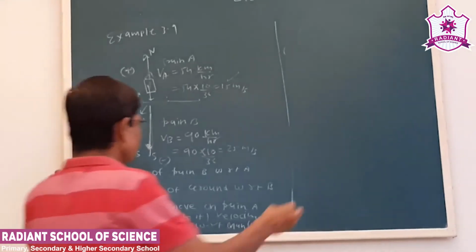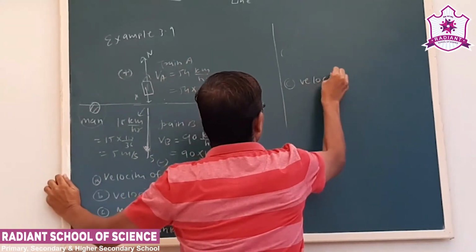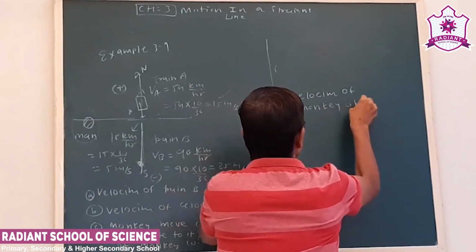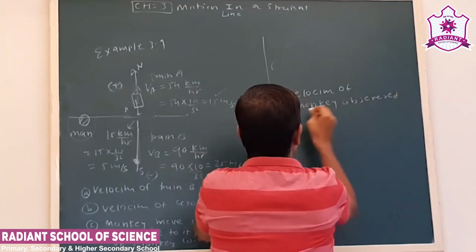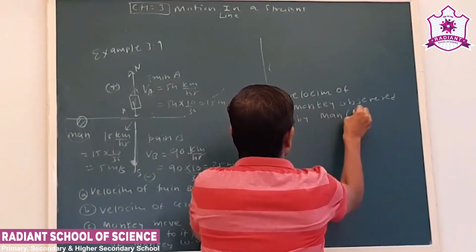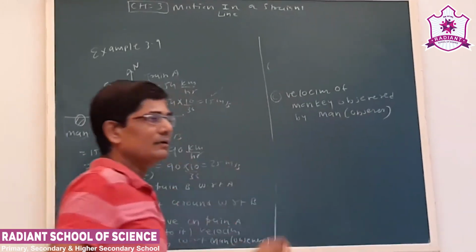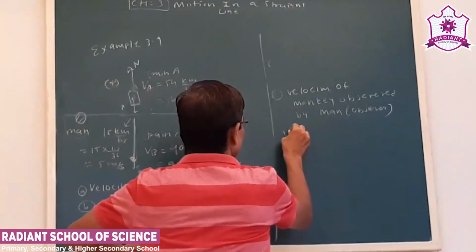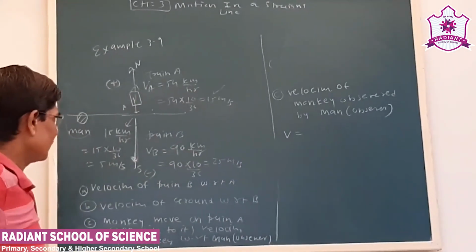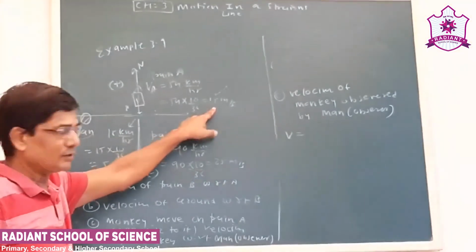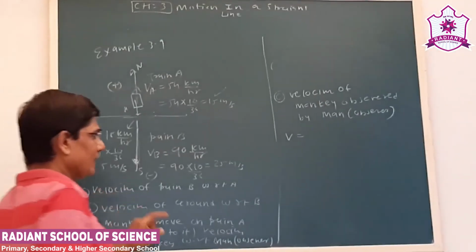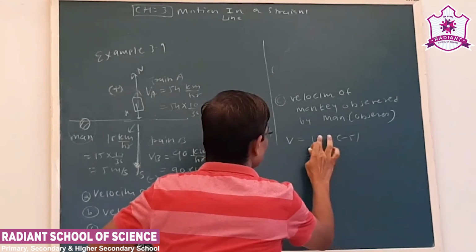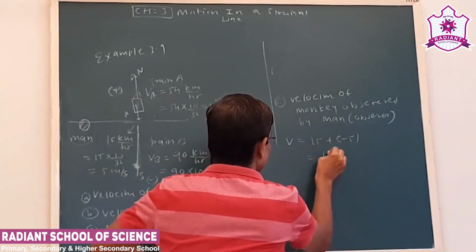Okay, so the velocity of monkey observed by man. Now here it is a different reference frame, so that velocity will be just the sum of the two velocities. Now the one opposite direction we consider positive, and this we have to consider in negative direction, so it will be 15 minus 5, okay, 10 meter per second.